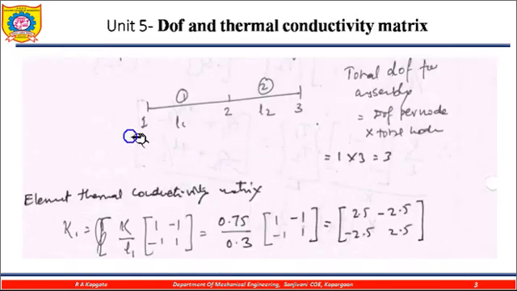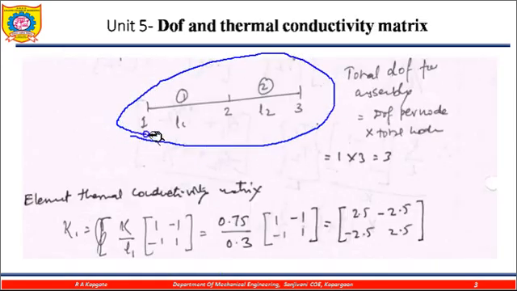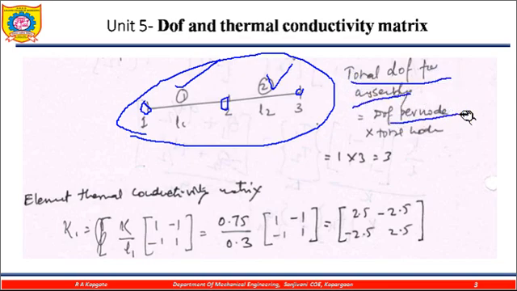So first of all, let us draw the nodal diagram. In the nodal diagram there are three nodes, as there are two elements, number one element and number two element, hence there are three nodes: node 1, node 2 and node 3. Hence total DOF of the assembly is DOF per node multiplied by total nodes. The degree of freedom at every node is only 1, because this is a 1D problem.